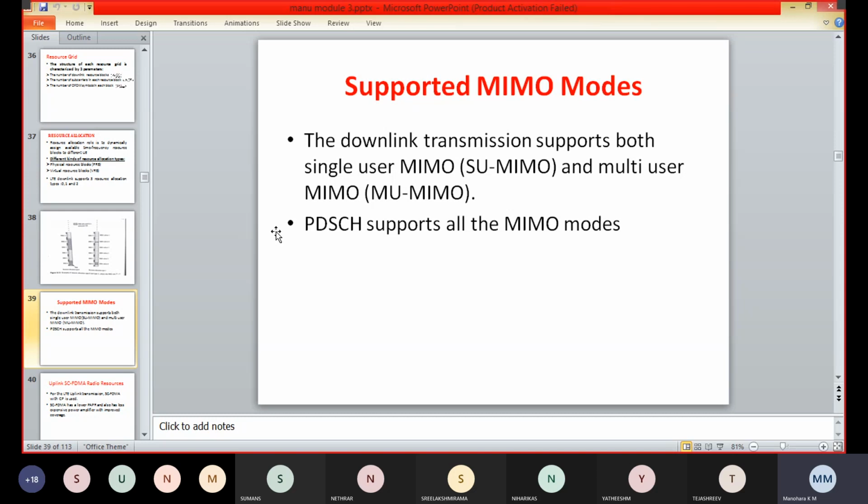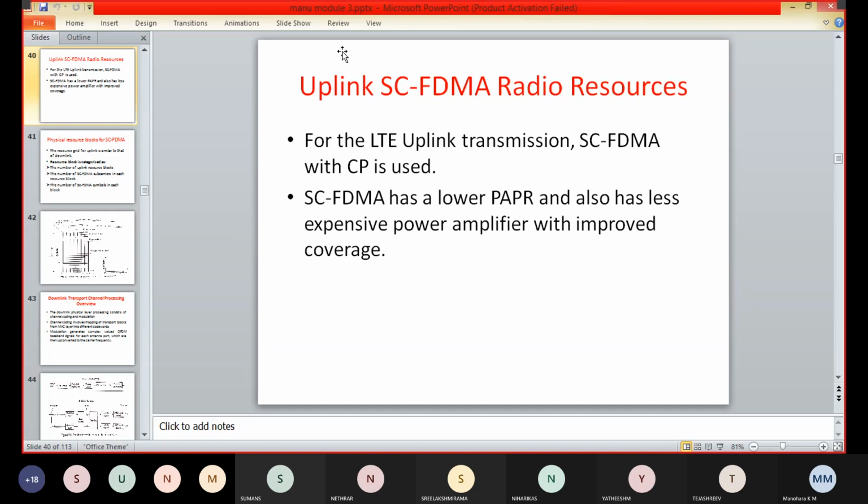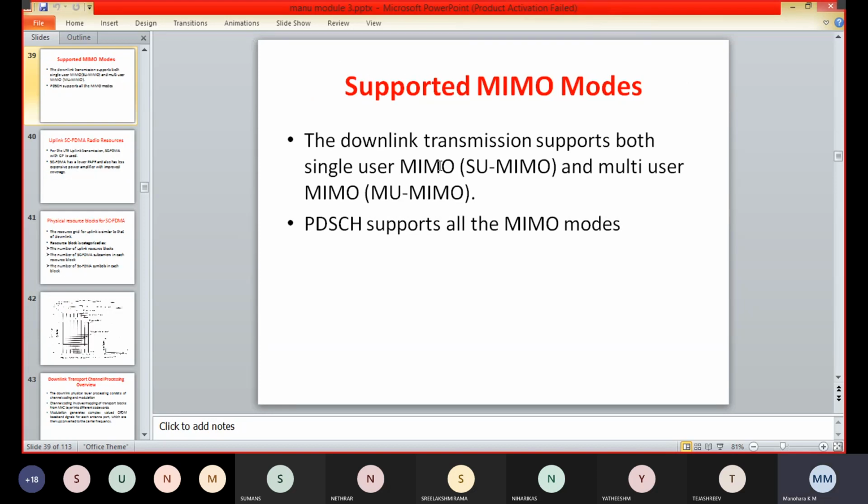The supported SU-MIMO modes are listed as follows. First one is transmit diversity with space frequency block codes, that is SFBC. Next we have open loop spatial multiplexing, which supports 4 data streams.